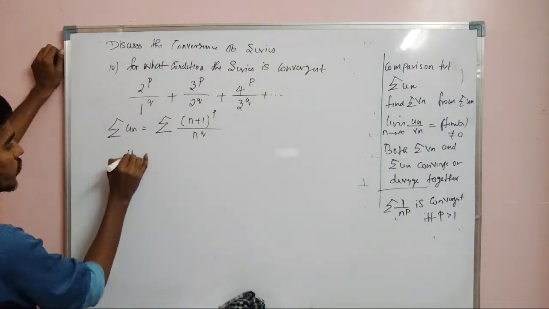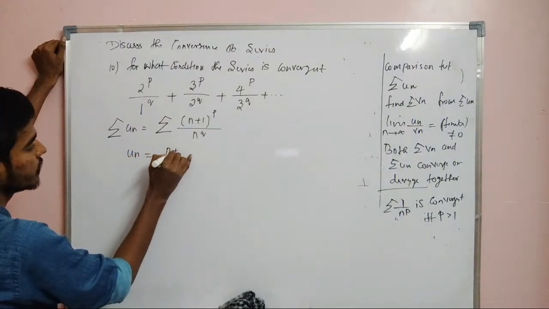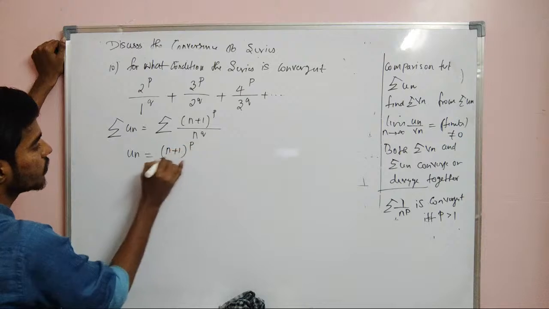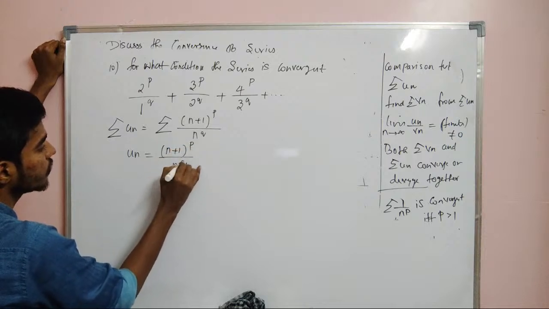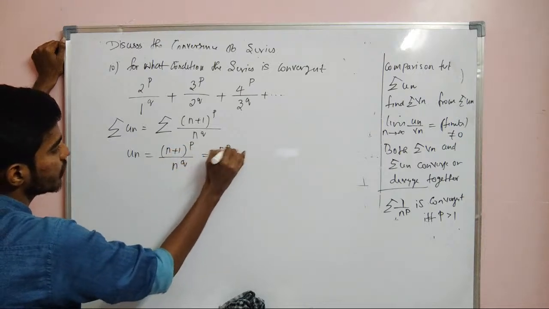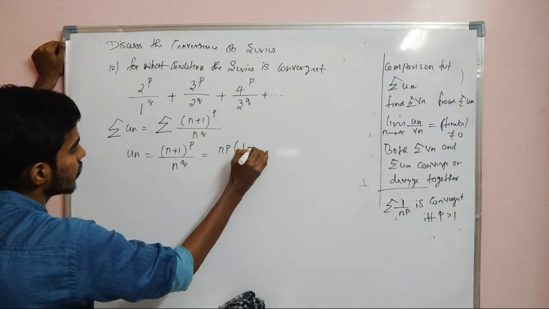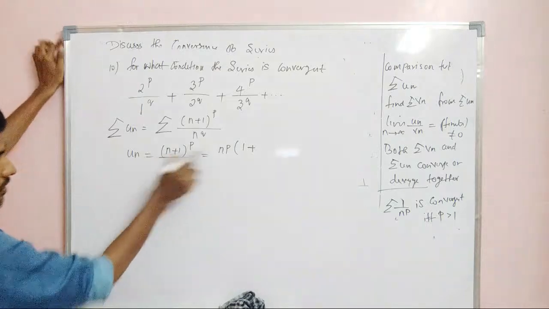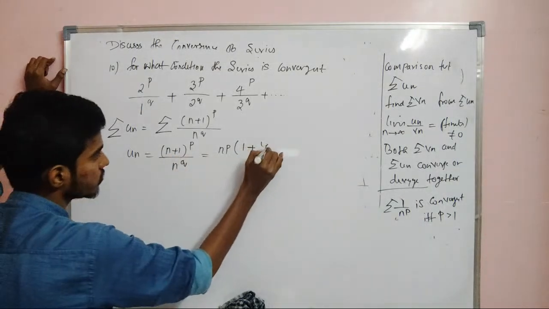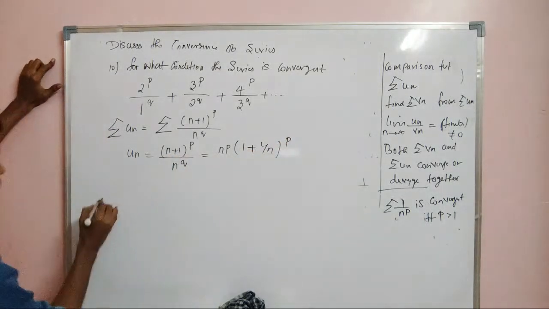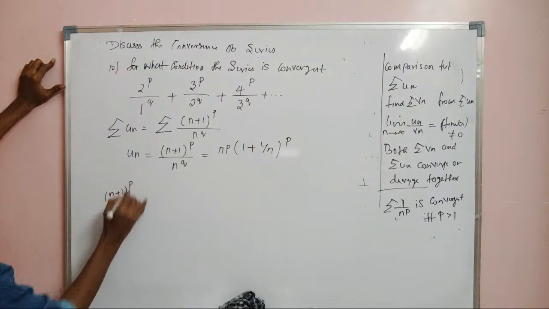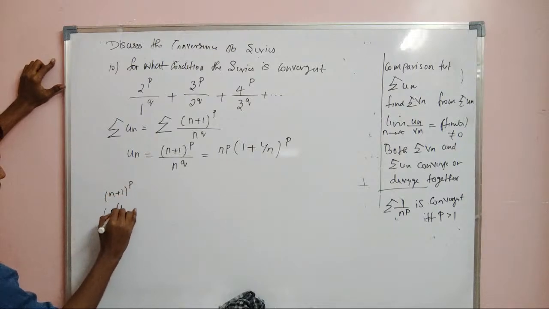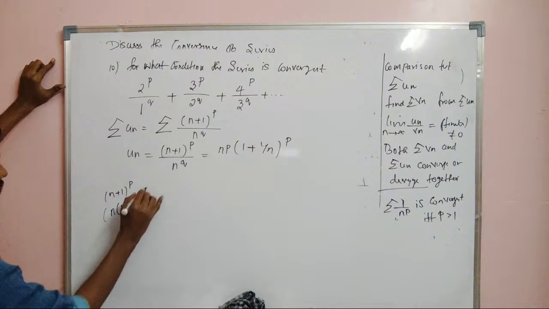Now we have un is n plus 1 whole power p divided by n power q. So I take n common here, so we will have 1 plus 1 by n whole power p.